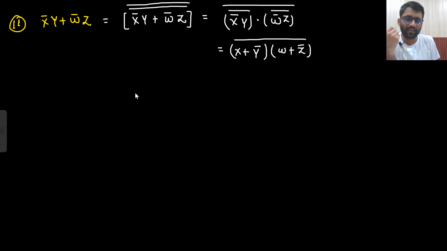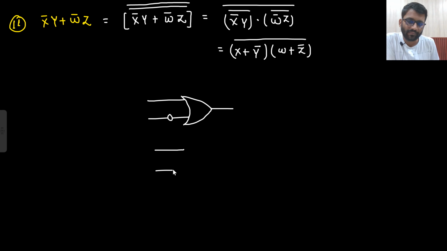So X plus Y bar, X plus Y bar, W plus Z bar, and then there is an AND gate and then there is a bubble.